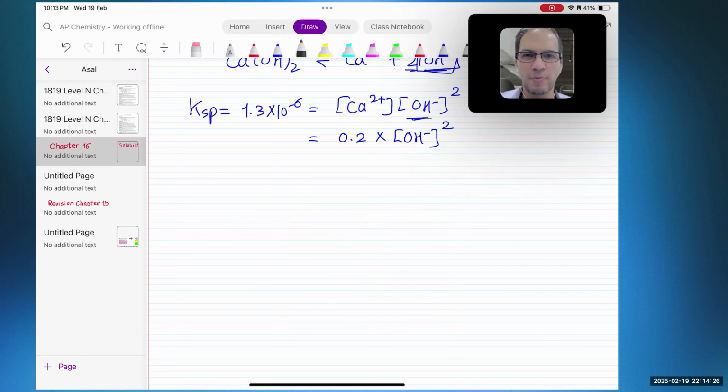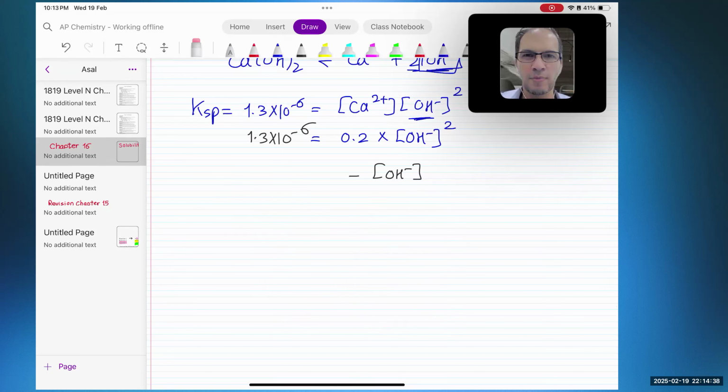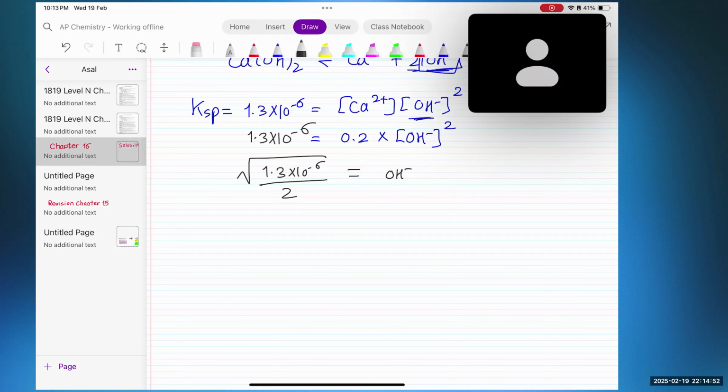Then I will say 0.2 multiplied by OH minus to the power of 2 بتساوي الفاليو دي اللي هي 1.3 في 10 to the power of negative 6. يعني الـ OH minus بتساوي الراديكال الناحيتين 1.3 في 10 to the power of negative 6 divided by 0.2. الراديكال بتاعها يطلع كام؟ Radical of this 1.3 times 10 to the power of negative 6.